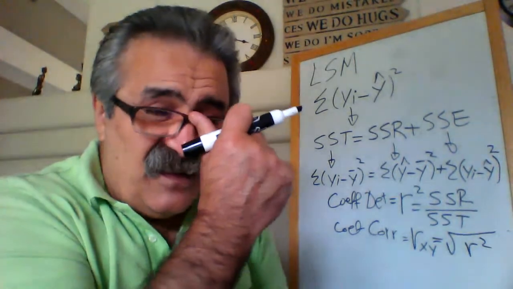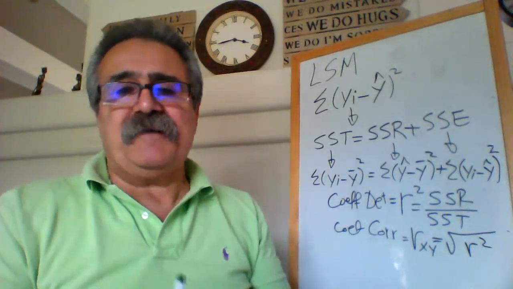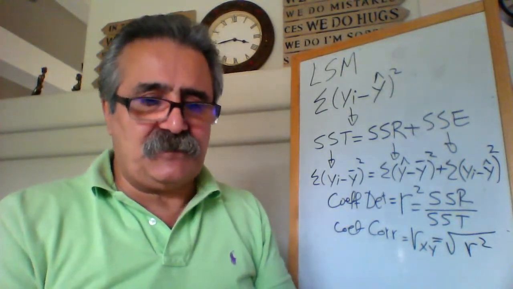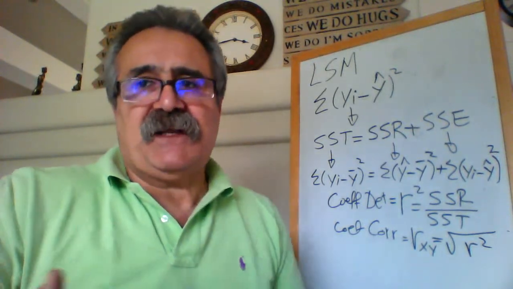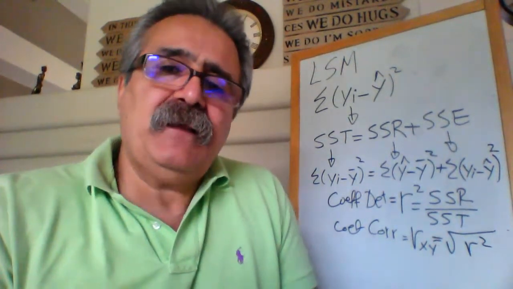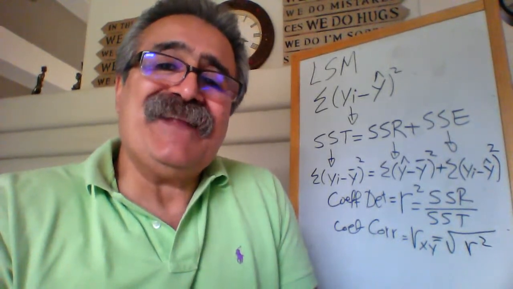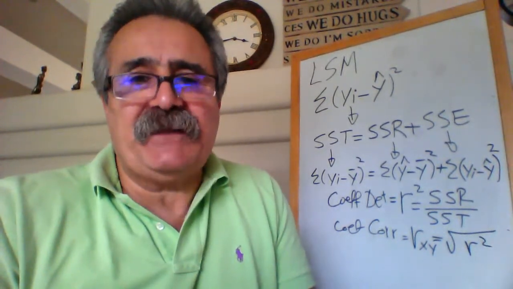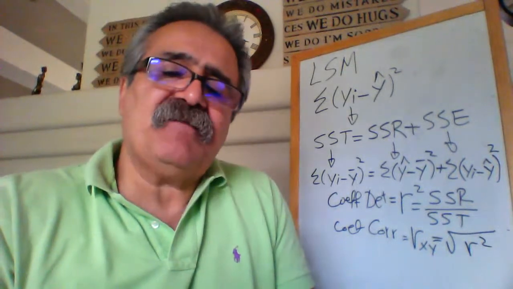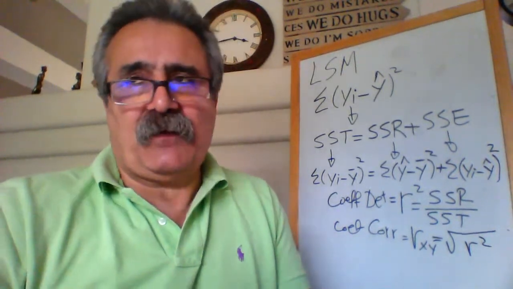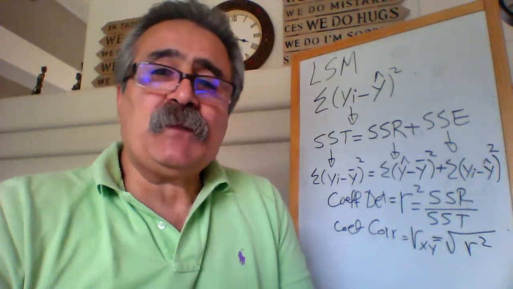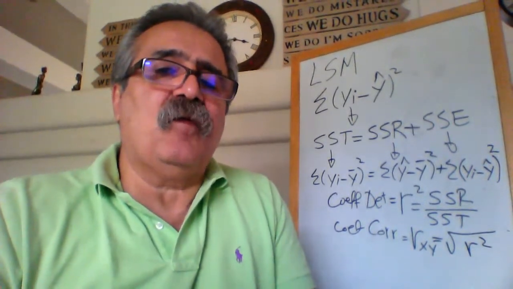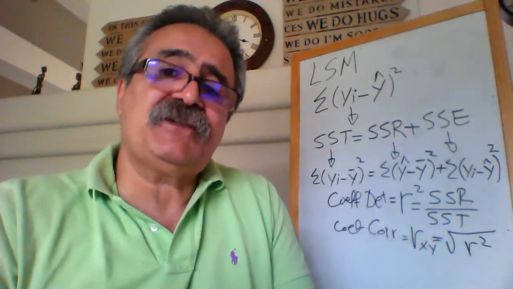Again, what is coefficient of determination? Coefficient of determination is used to show what percentage of the actual value of y can be estimated or determined by any given value of x.